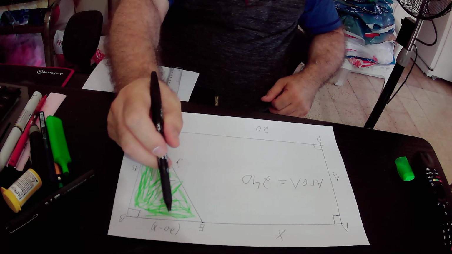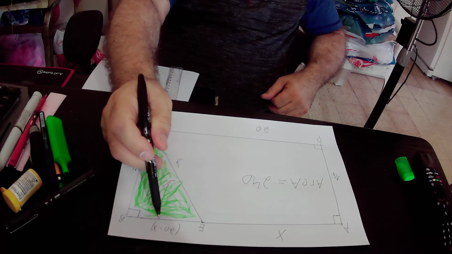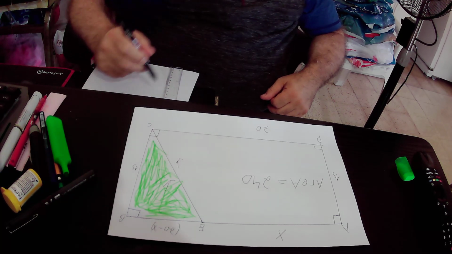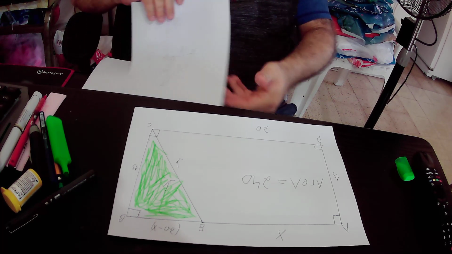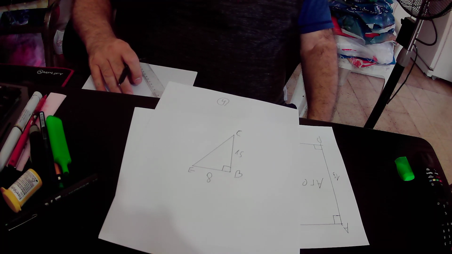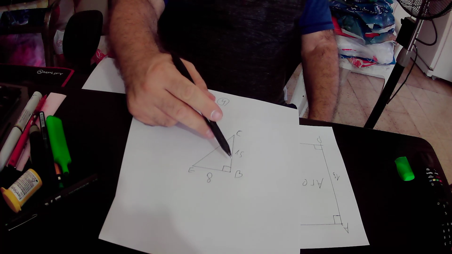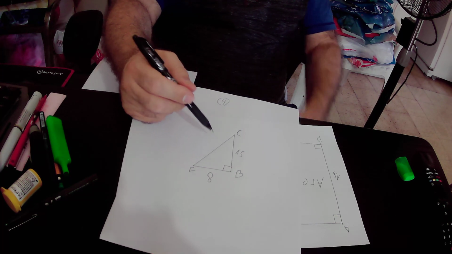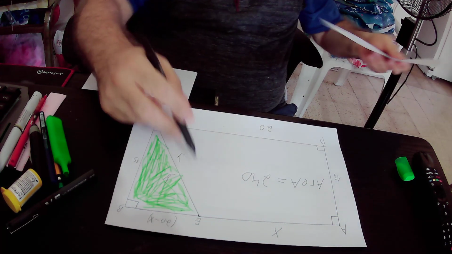Side EB equals 20 minus x, and x equals 12 units. So 20 minus 12 equals 8. Okay, so this is our right triangle EBC. Side EB equals 8 units, side BC equals 15 units, and the only missing variable is y. This side is y.